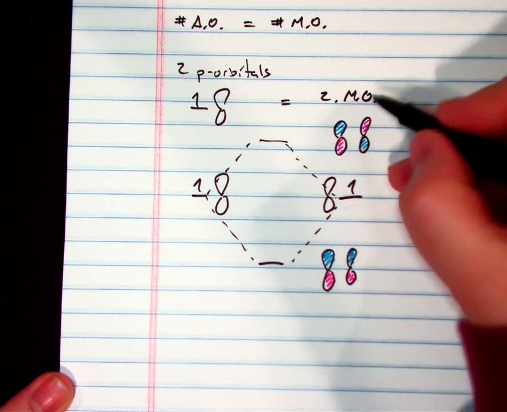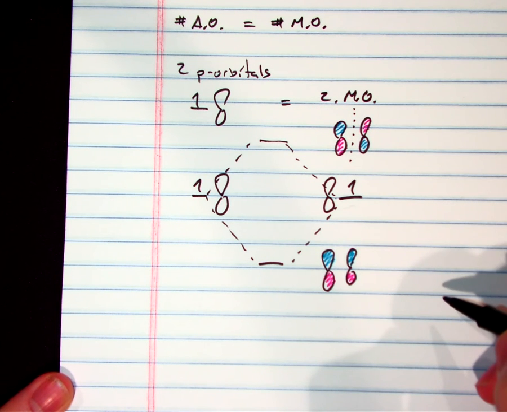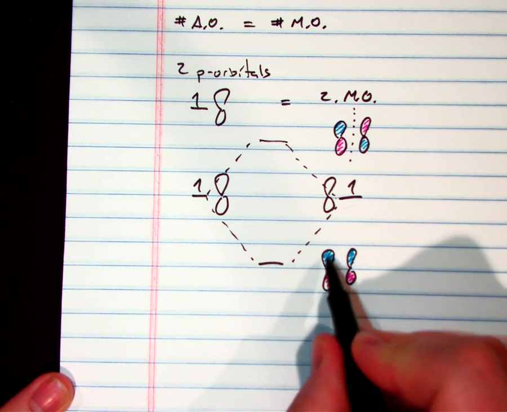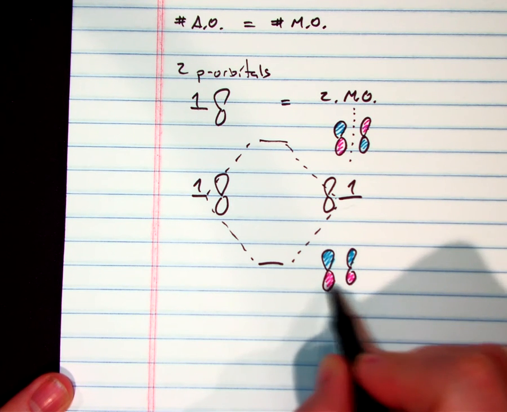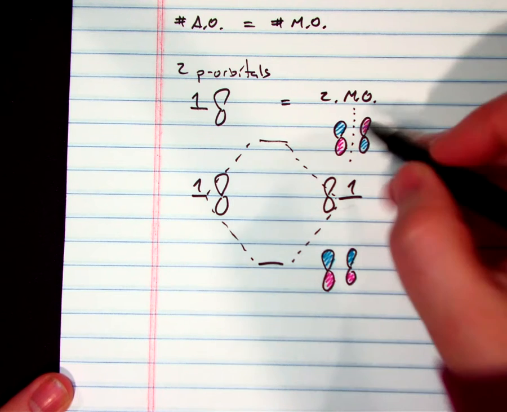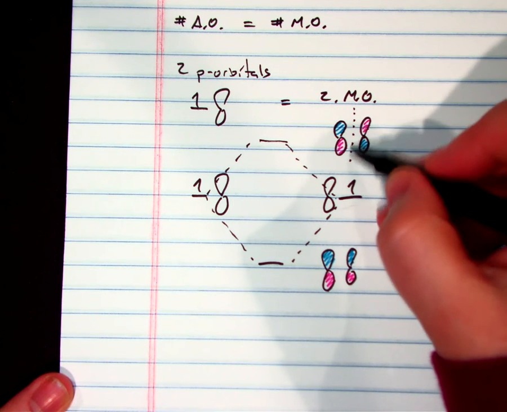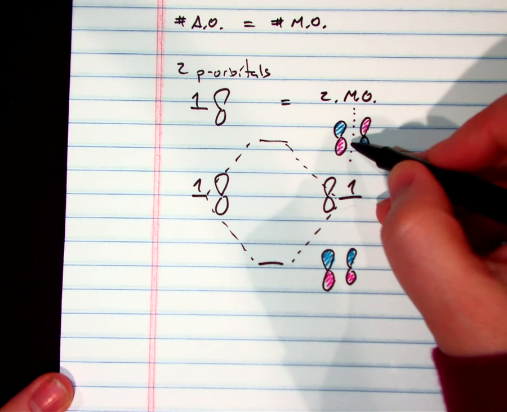And what we notice is, in this case, there's an extra node in this particular molecule. Now here, if we have favorable overlap, that's telling us that we can have overlap or a good bond between these two carbons. If we have a node, that means there's zero chance of finding an electron at that position.